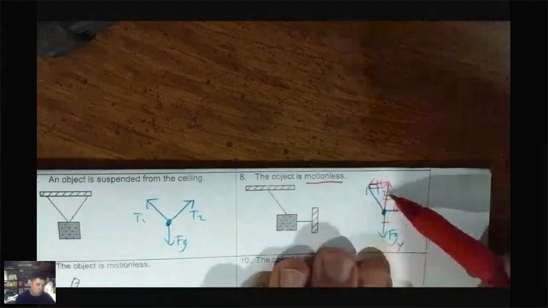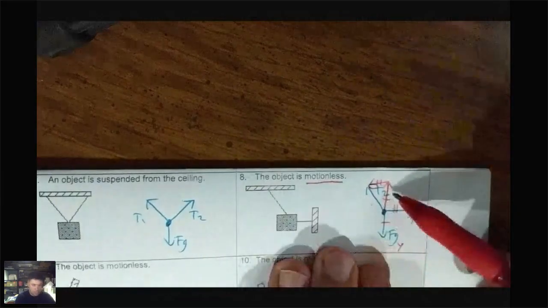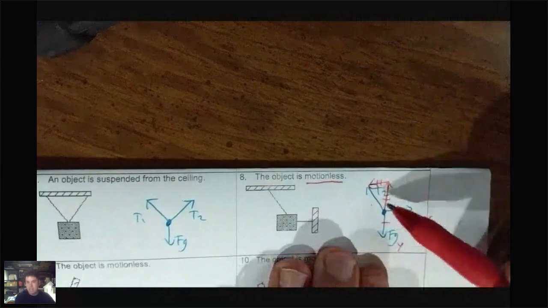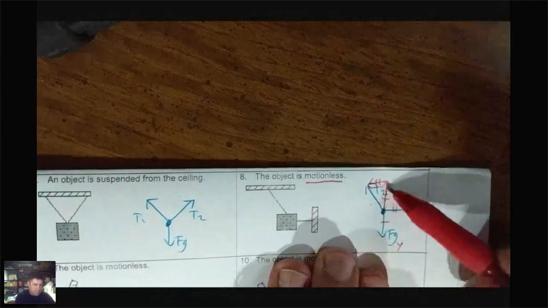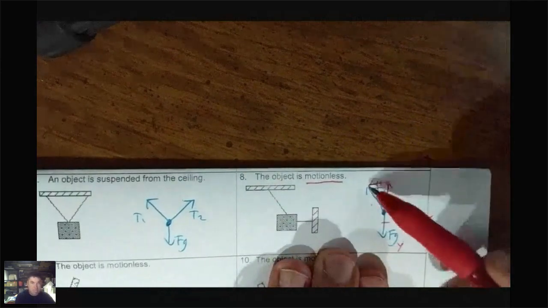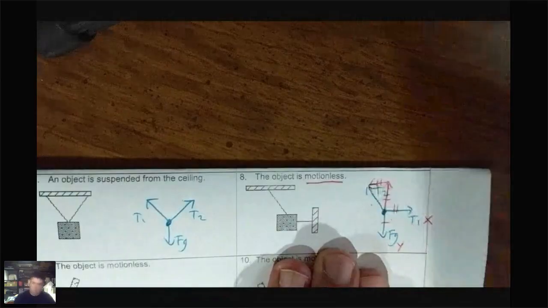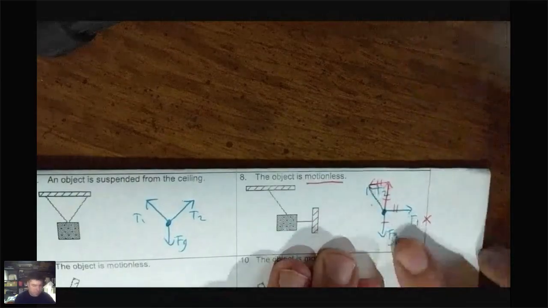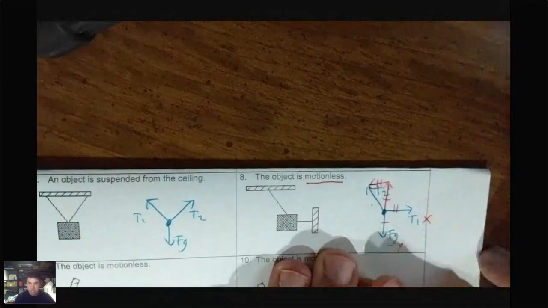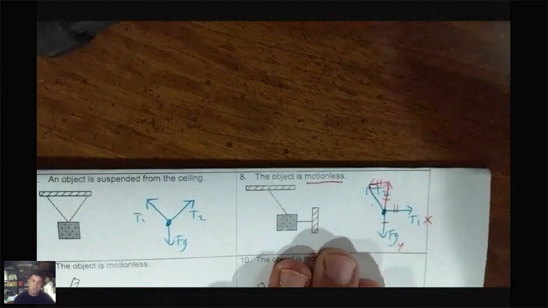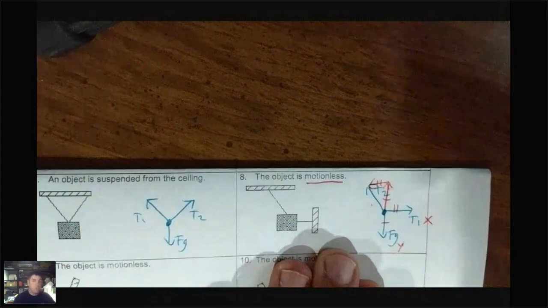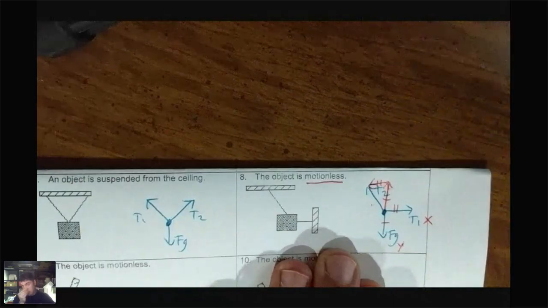So if the force of gravity is 10 newtons, that means this side is 10, and the hypotenuse has to be bigger than 10. So the biggest force in this scenario is T2, because it's doing two jobs. It's balancing out gravity, and it's balancing out that horizontal tension. And that's why T2 has to be the biggest force in this case.